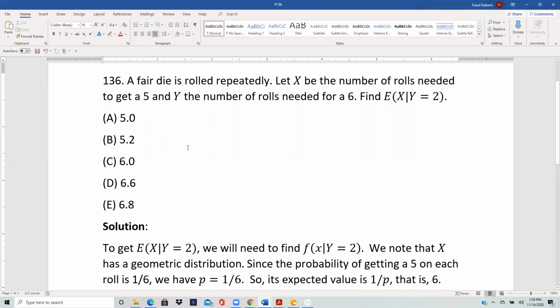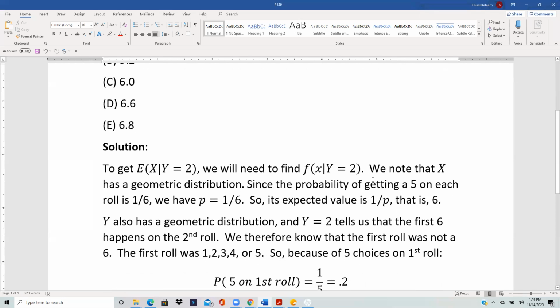Since the probability of getting a 5 in each roll is 1/6, P is 1/6 here. And remember, we talked about it in an earlier problem, that the expected value of a geometric distribution is 1 over P. So it would be 1 over 1/6, which is 6. That is a fact which will be needed later in the problem.